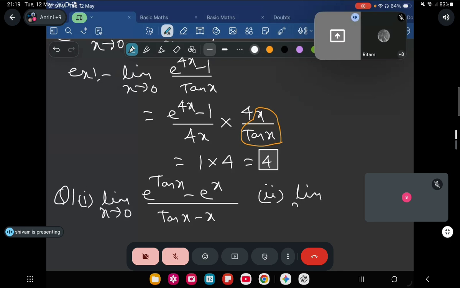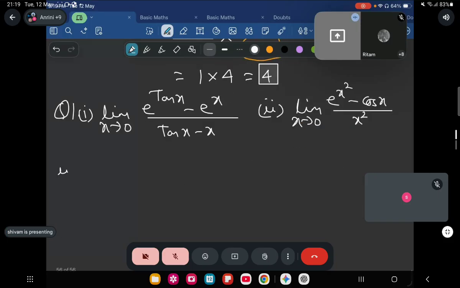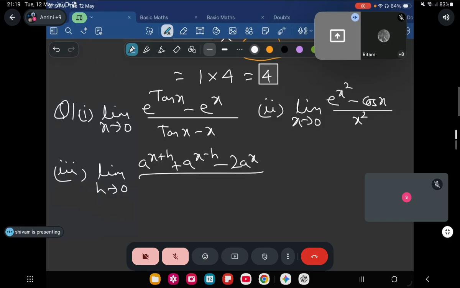Limit x tends to 0, (e to the power x square minus cos x) upon x square. Part 3. Limit h tends to 0, (a to the power (x plus h) plus a to the power (x minus h) minus 2a to the power x) upon h square. Solve.